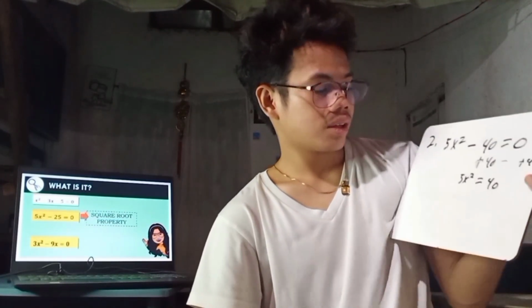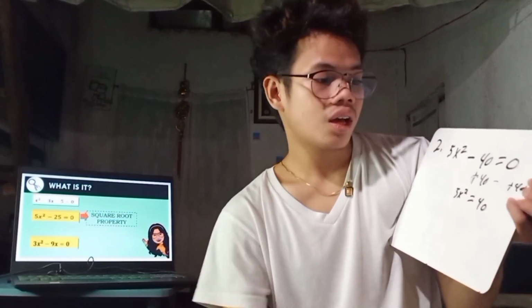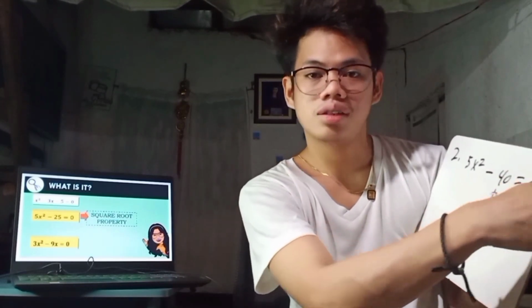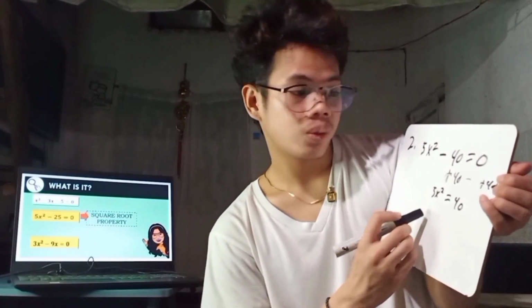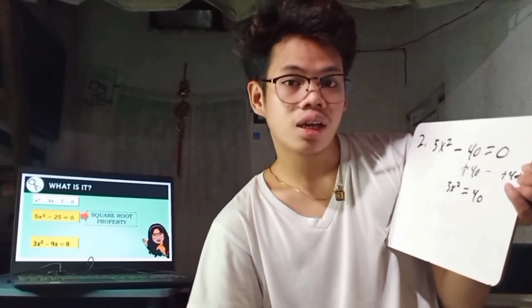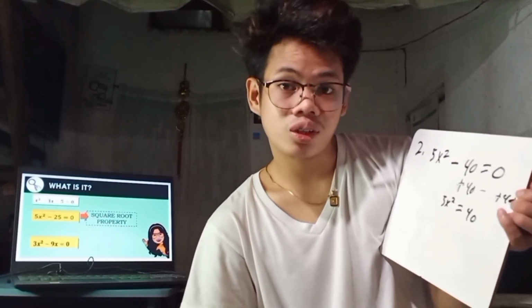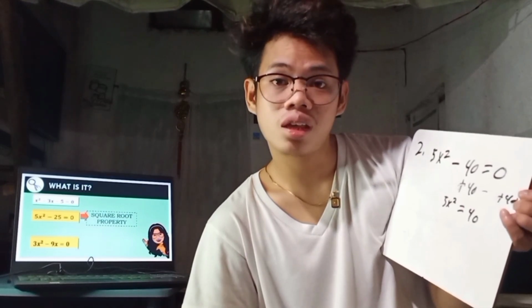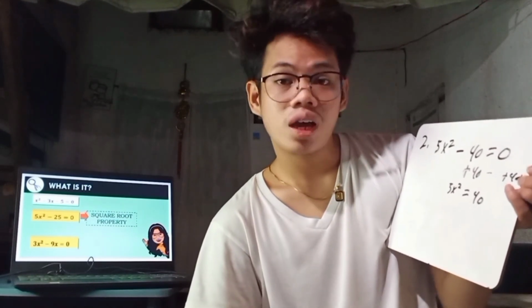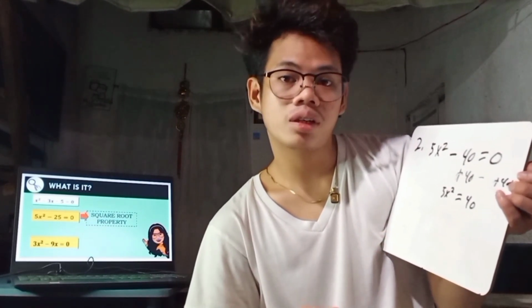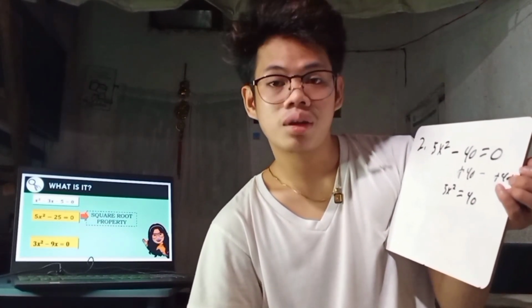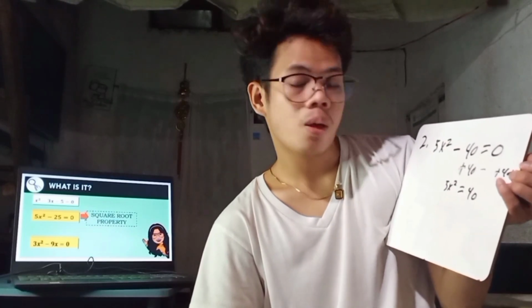And the second step, as you can see, our variable x with the highest degree of 2, our quadratic term, has a numerical coefficient of 5. So we have to eliminate the 5 by applying the multiplication property of equality, by multiplying by 1 over 5.